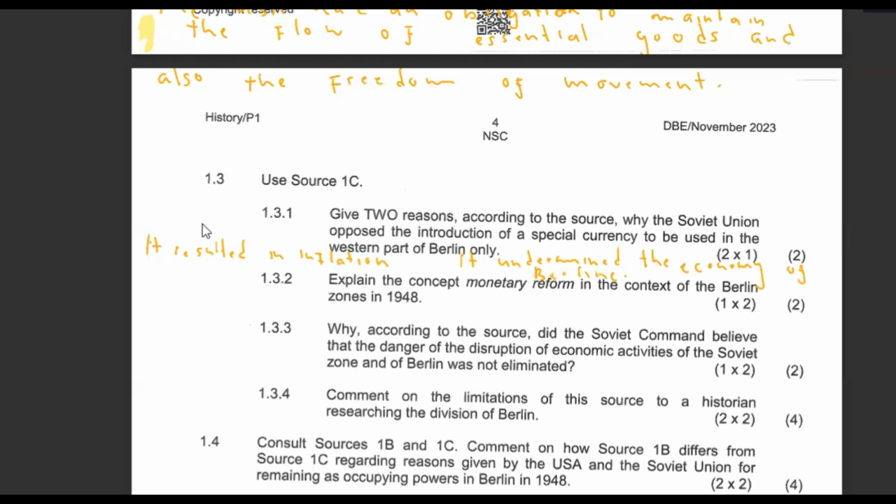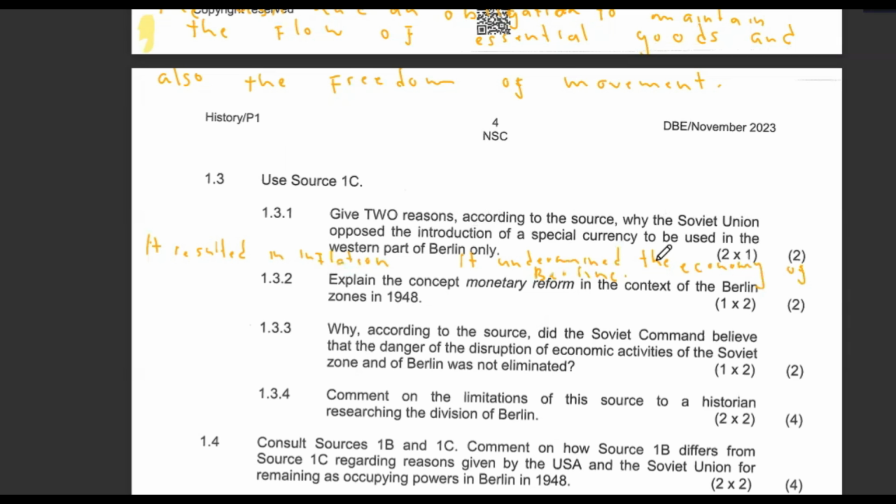In other words, West Berlin became much more economically prosperous, but Eastern Berlin became poorer and poorer. So these are the reasons why the Soviet Union opposed the introduction of a special currency to be used in the Western part only. It resulted in inflation, then it also undermined the economy of Western Berlin.